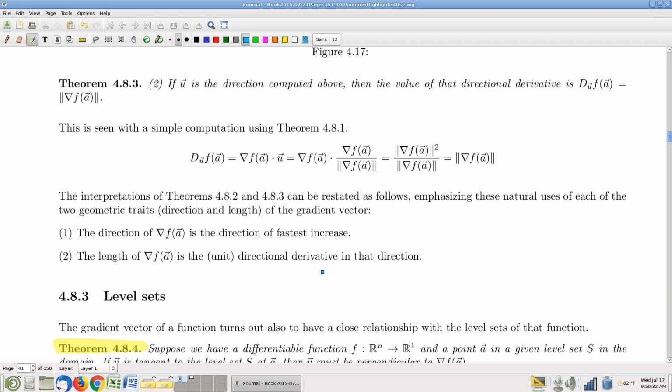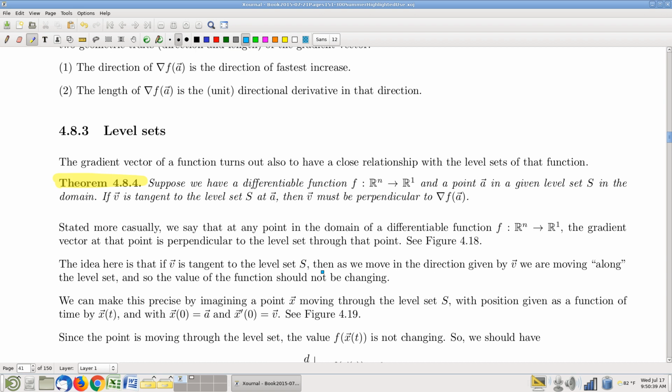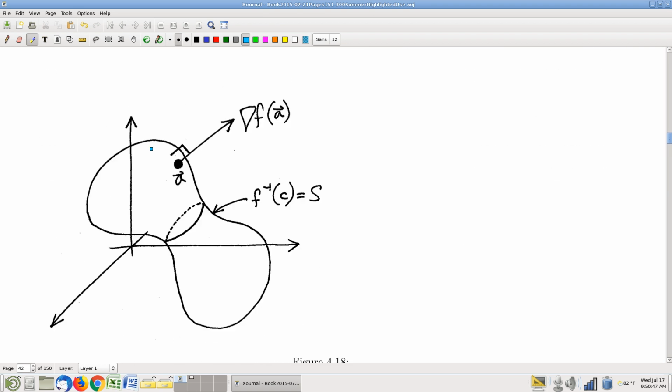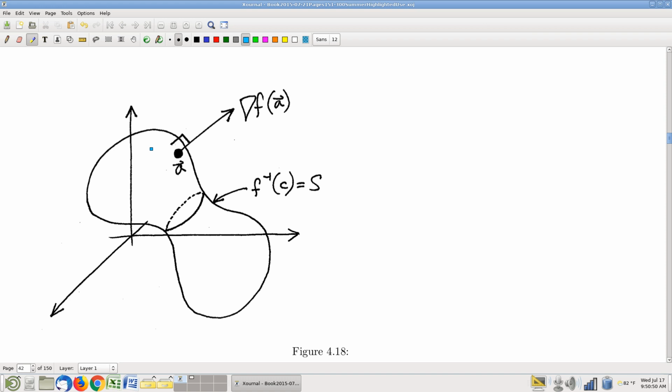Okay, so here's another surprisingly natural feature that the gradient vector has, having to do with level sets. Make sure to remember what a level set is. A level set is where you're setting a function equal to a constant. Looking at this picture here, if we have a function f, and you set the function equal to some constant fixed value c, then the level set is the set of points for which f is equal to c.